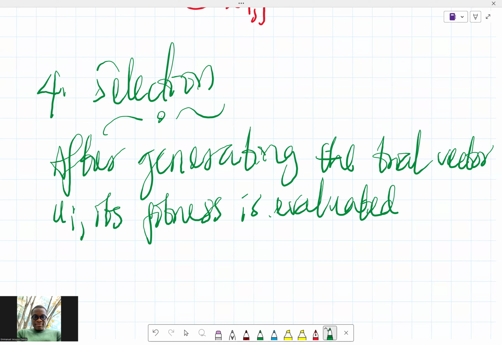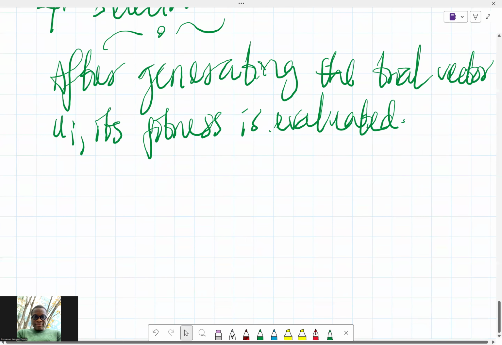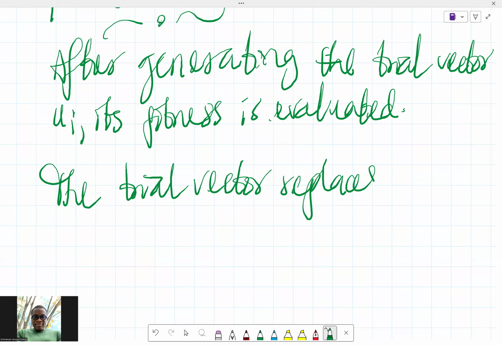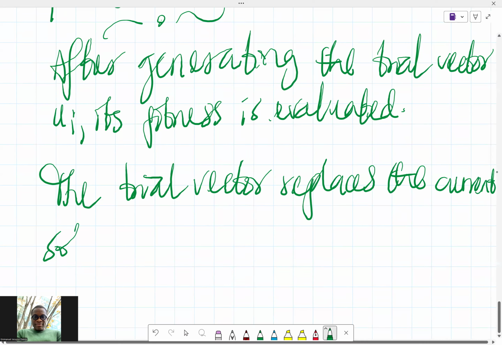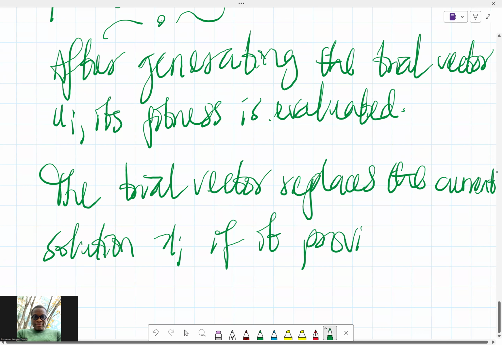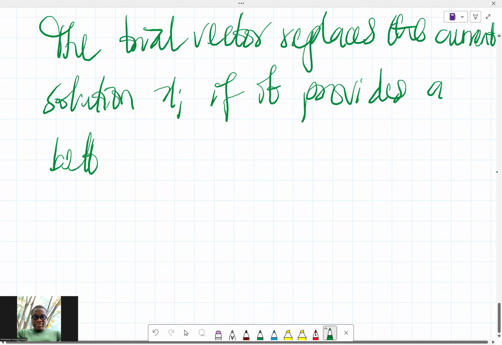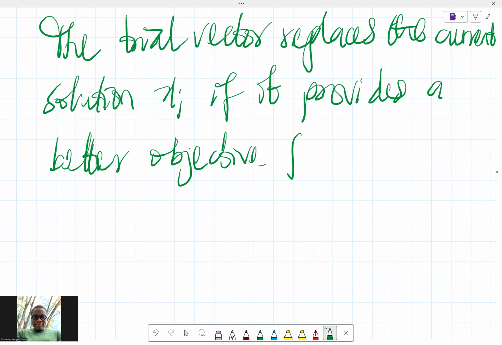The fitness is evaluated, and then the trial vector replaces the current solution xi if it provides a better objective function value.